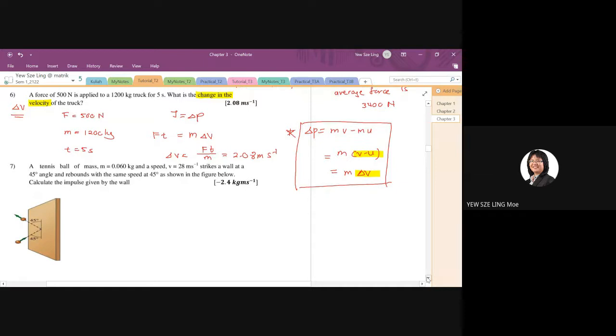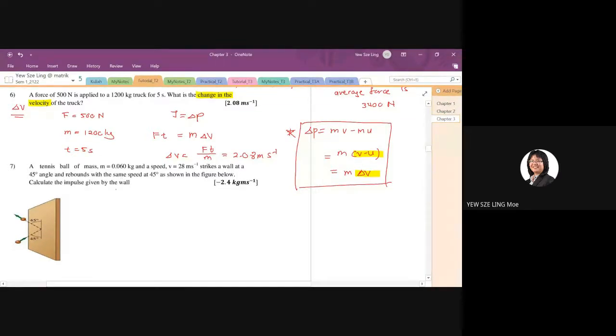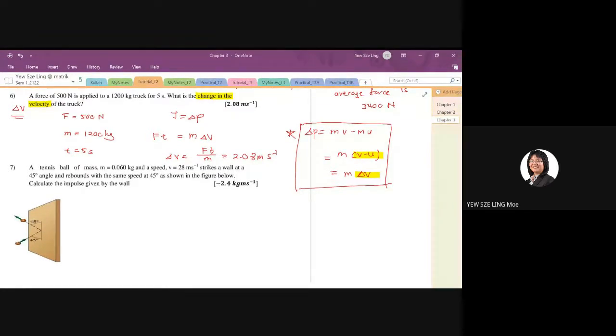Okay. All right, next question. Again, if you look at the diagram, it is a two-dimensional question. So how are you going to solve it then? Again, you look at the diagram.